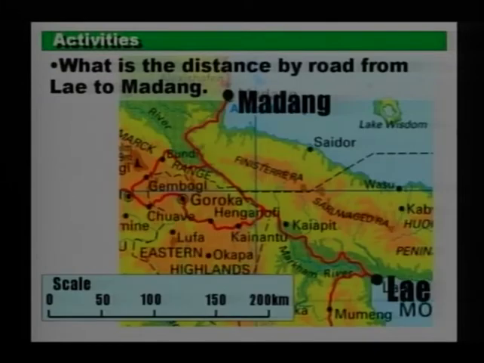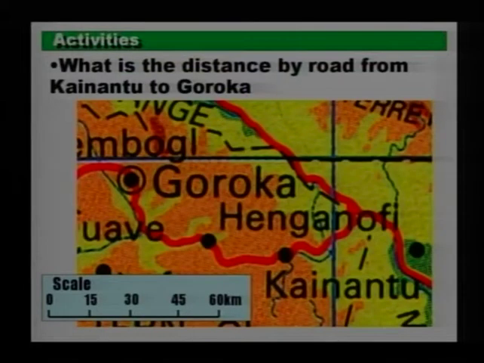Number 2, you are asked to find the distance by road from Lae to Madang. And number 3, distance by road from Kainantu to Goroka. Those will be the 3 activities we'll work on in our lesson today. I'll repeat. The first one, find the distance by road from Lae to Wau.